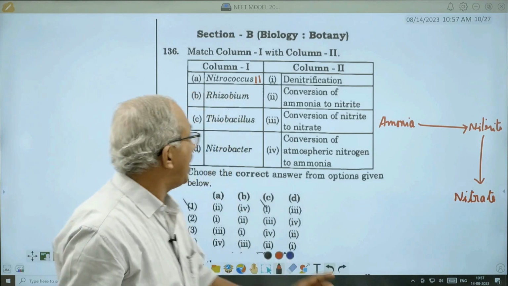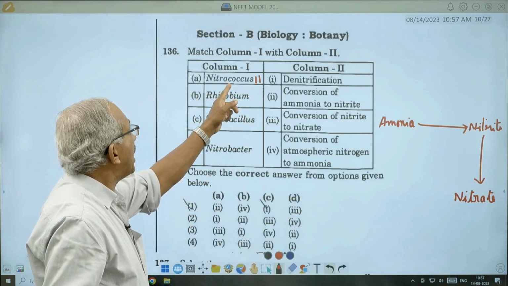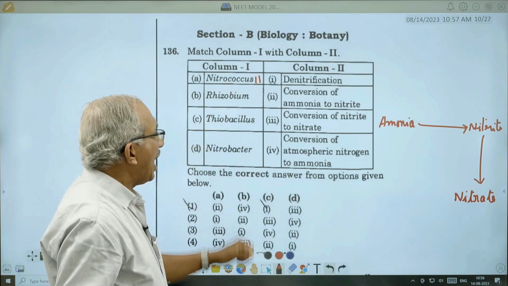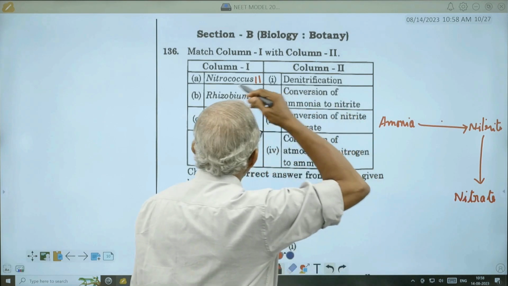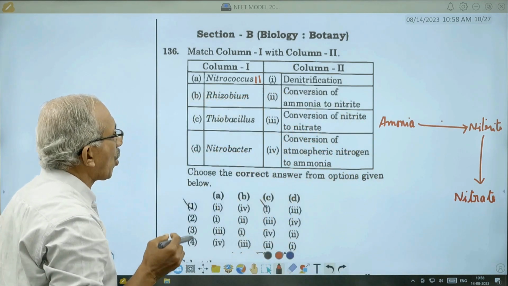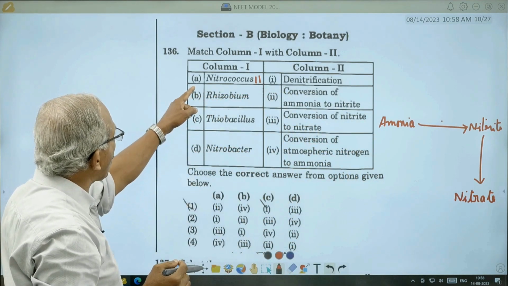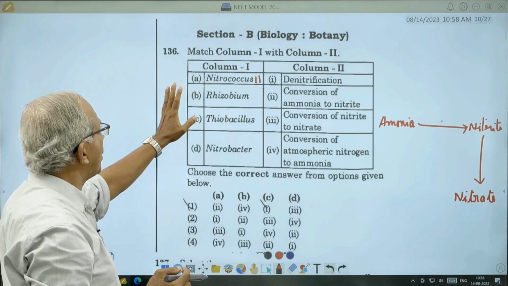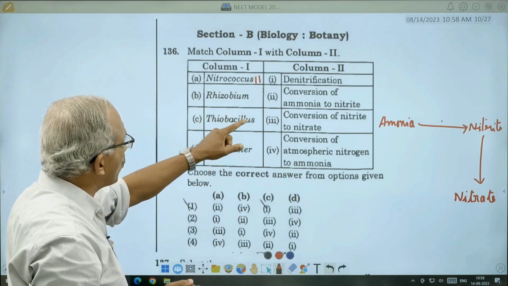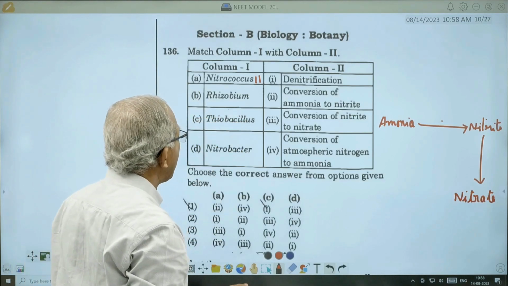Two bacteria are involved, Nitrosomonas and Nitrococcus. Nitrosomonas is not given, Nitrococcus is given. So Nitrococcus is involved in this first step.